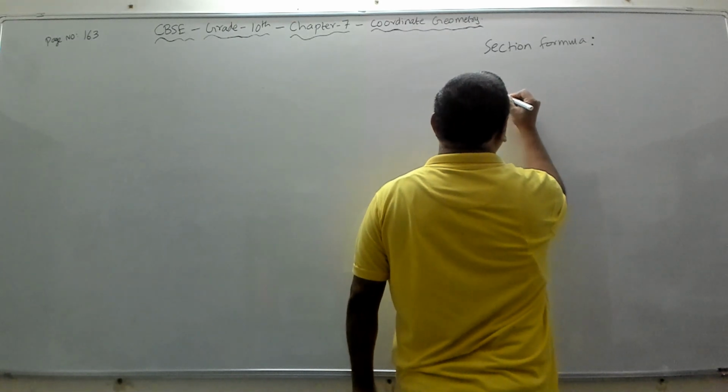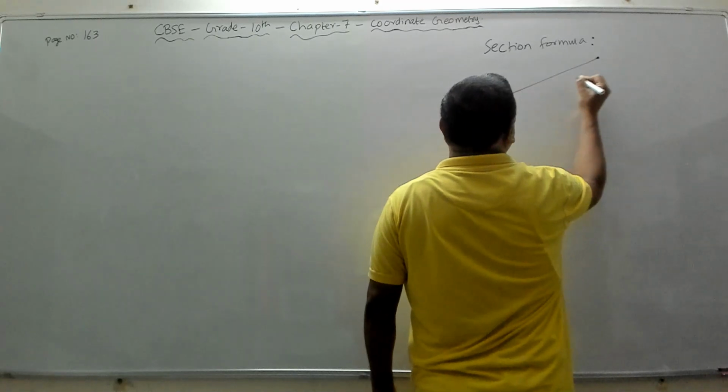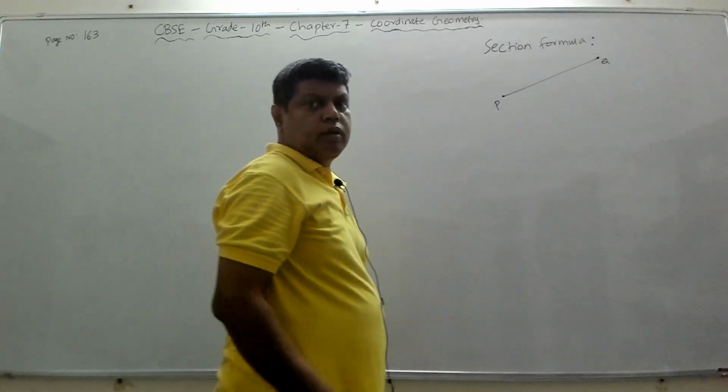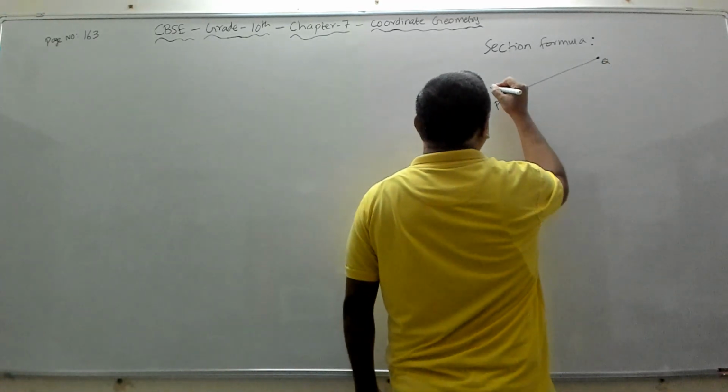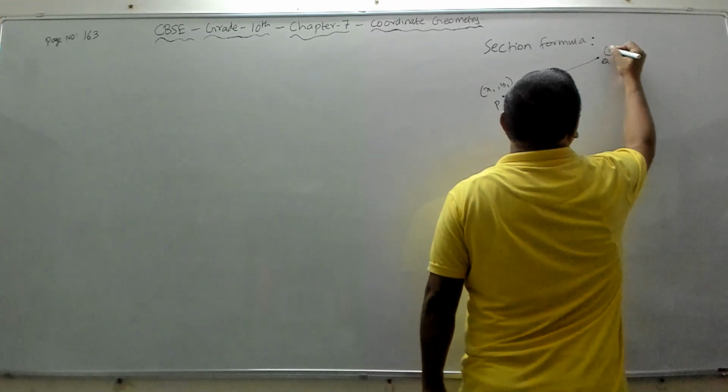Suppose we have a line segment PQ, and the point P is x1, y1, and Q is x2, y2.